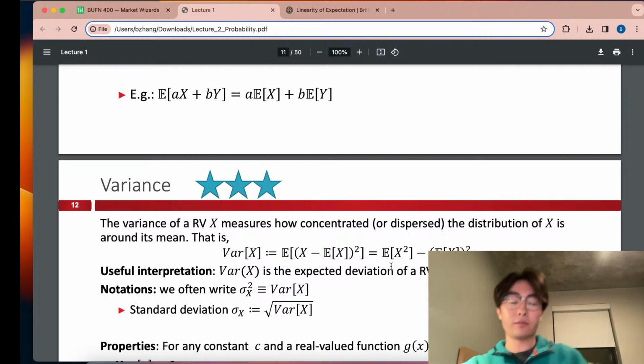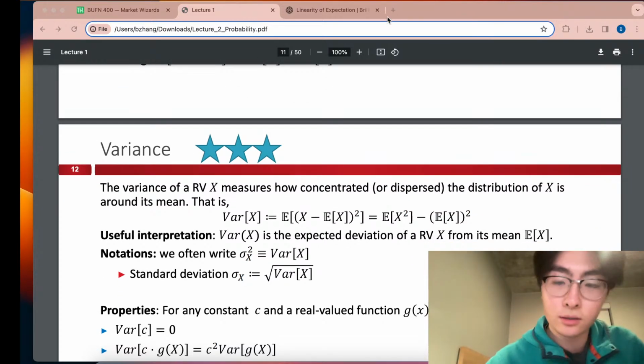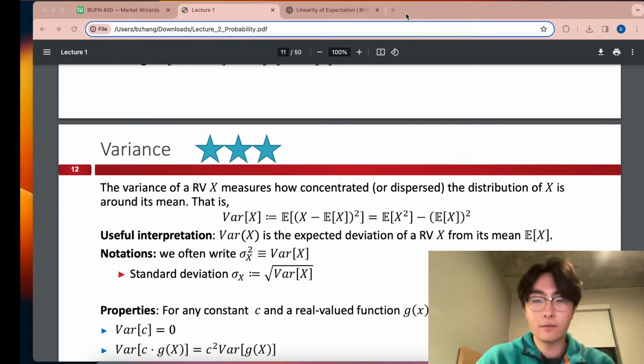Okay, so we have variance now. The variance. Oh wait, we got the chat. Let's see.